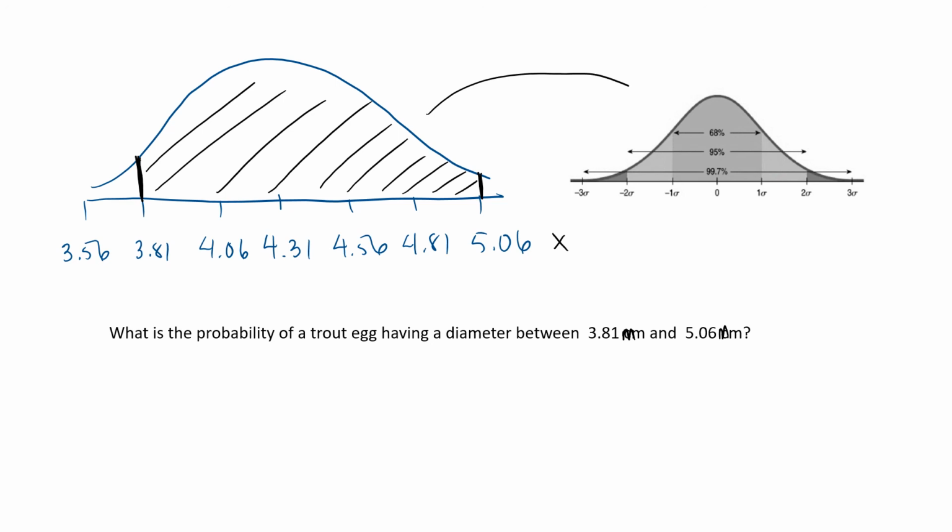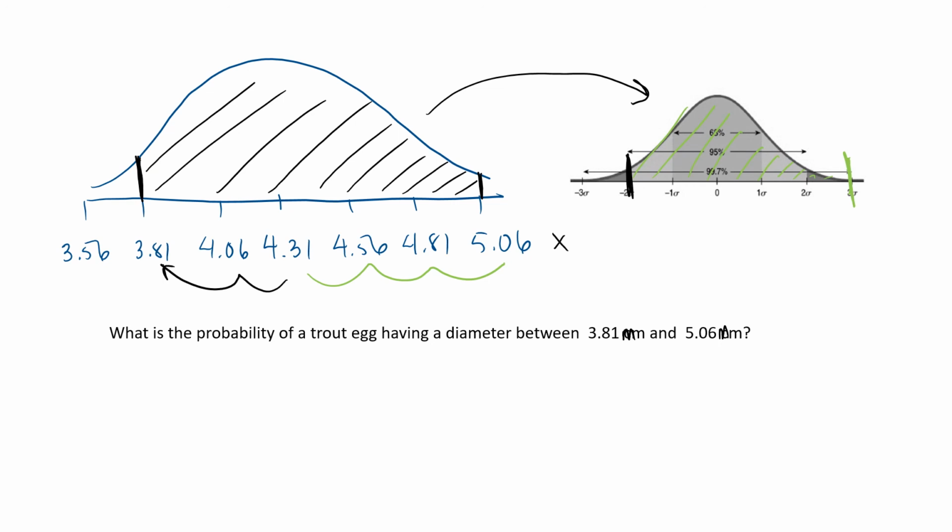Now I'm going to use the standard normal to do this. We've gone 2 standard deviations down from the mean, and we have gone 3 standard deviations up from the mean, which is all the way to here. So this area is what we're looking for.